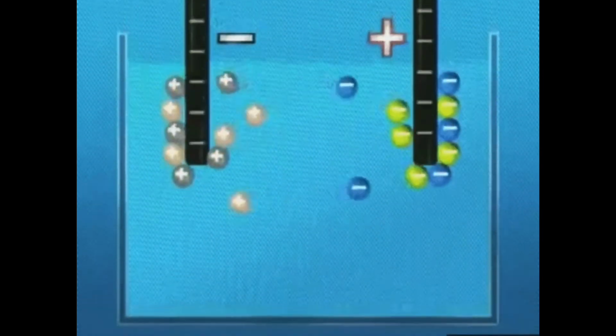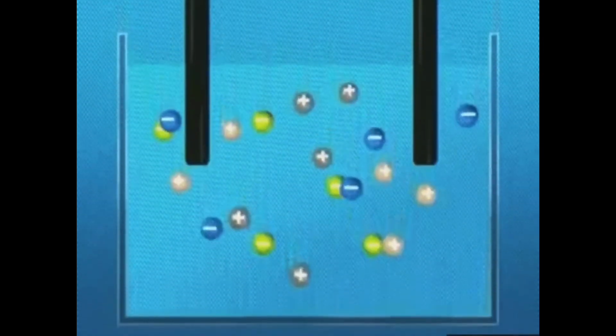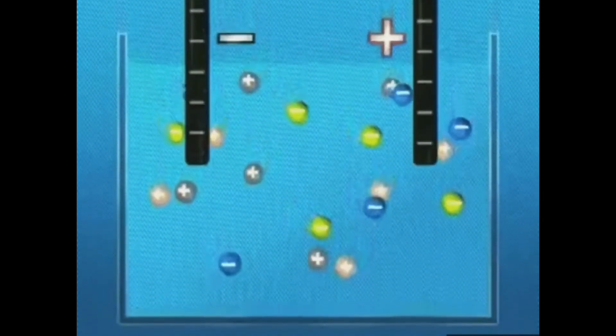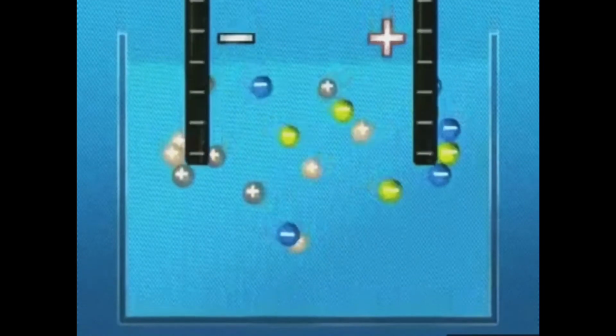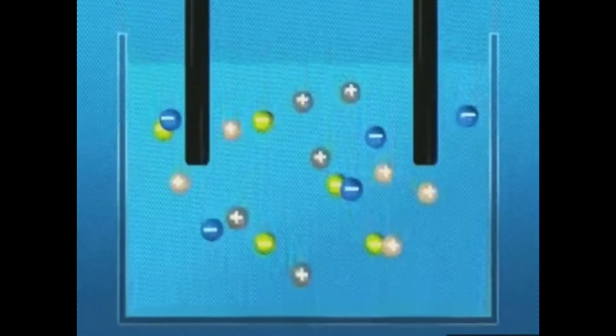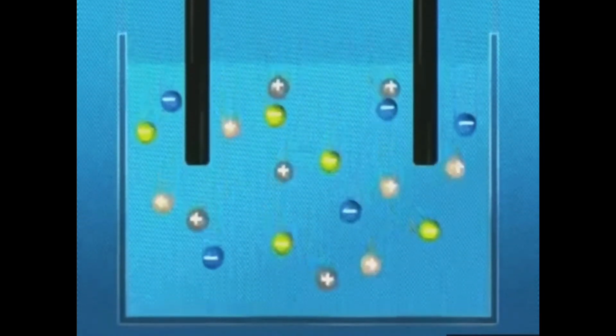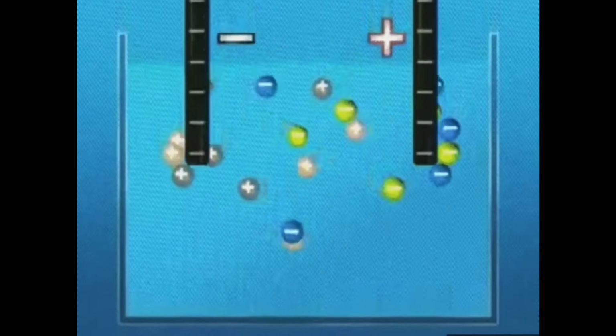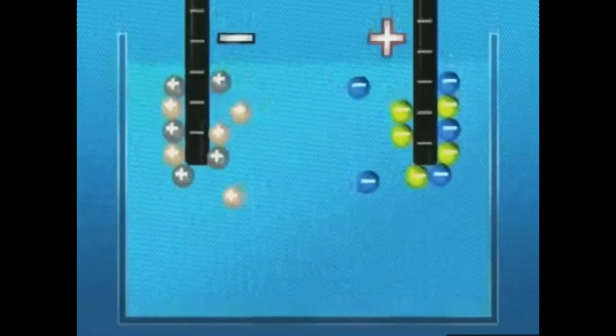There are different types of ions. There are more than 2 types of ions here, not just your standard positive and negative ion. There are extra negative ions as well. So when we actually perform electrolysis, you can have more than 2 types of ions that are being attracted to the electrodes. So just be aware of that.